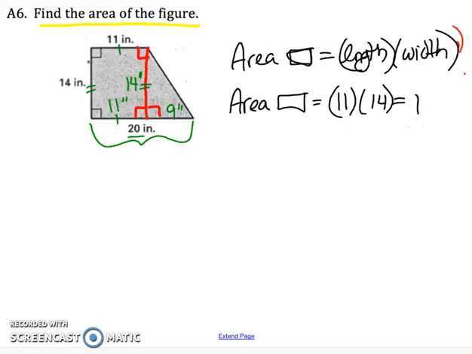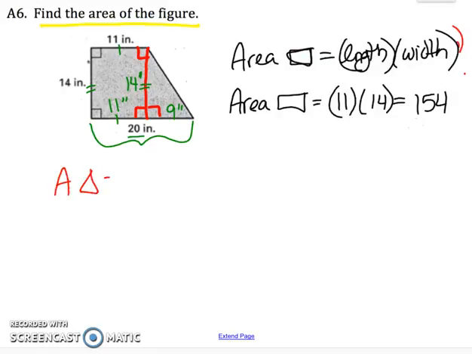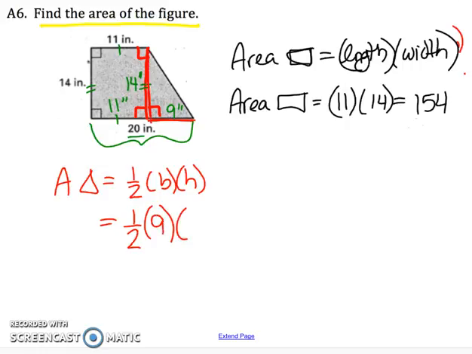Now the area of my triangle, that was what we just talked about in the previous example, the area of my triangle is 1/2 times base times height. So in this particular example, that's 1/2 times my base of 9 times my height of 14. And that gives me a grand total of 63 inches squared.